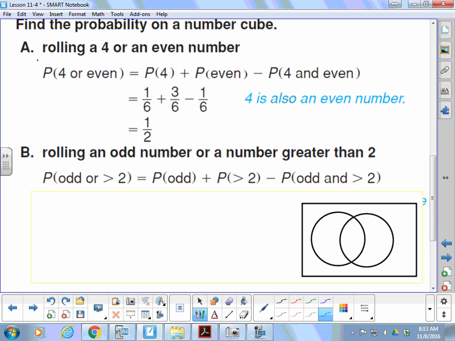So odd and greater than 2 would be 3 and 5, right? So 3 and 5 are going to go in the intersection of these two. And if I put the odd ones here on the left, then I have to put a 1 over here on this side. And the greater than 2 on the right, so we have 3, 5, but we also have a 4 and a 6.